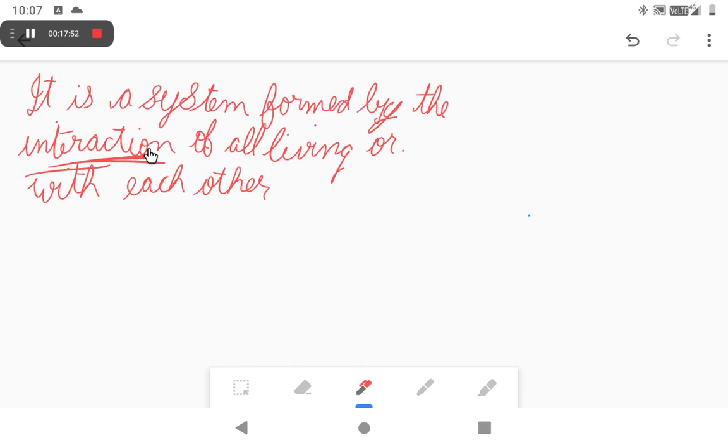All are linked by transfer of energy and minerals. Okay, so what is ecosystem? We have learned a system formed by the interaction of all living organisms with each other. Examples are animals, plants, human beings, etc. So we have learned the ecosystem.